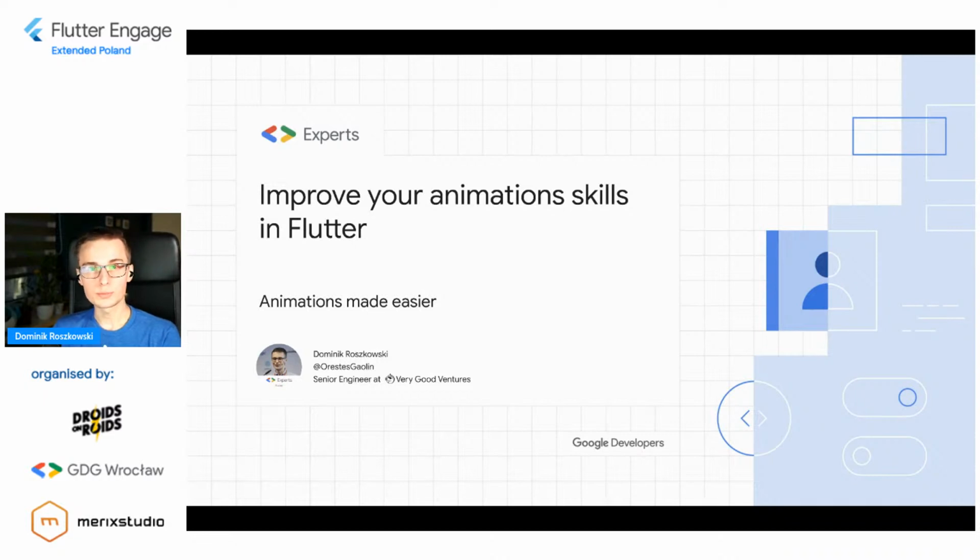So I assume that you already have some basic understanding of what kind of animations you can do in Flutter. However, I will go into some basics just to give you some grounds to understand what we are going to talk about. But my idea is to inspire you, to show you what different approaches you can use in your Flutter apps.